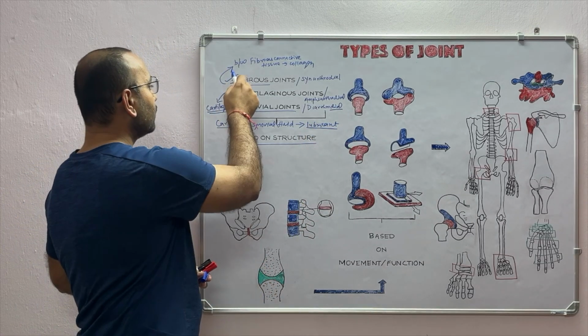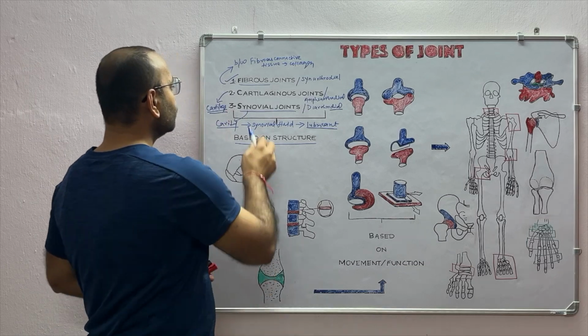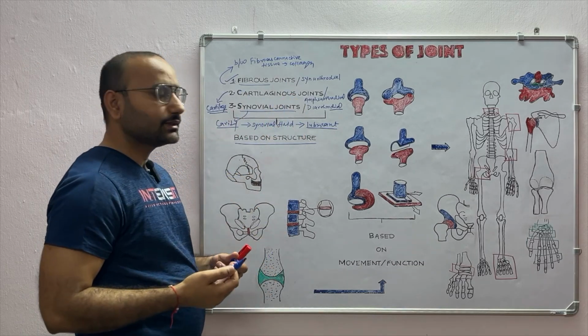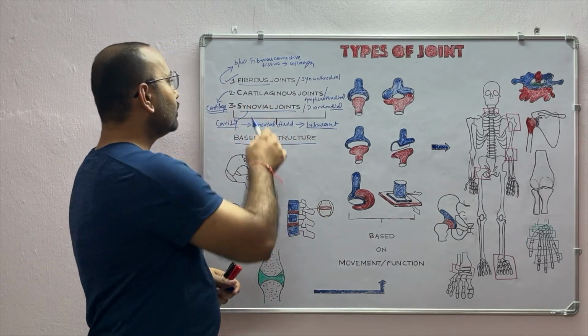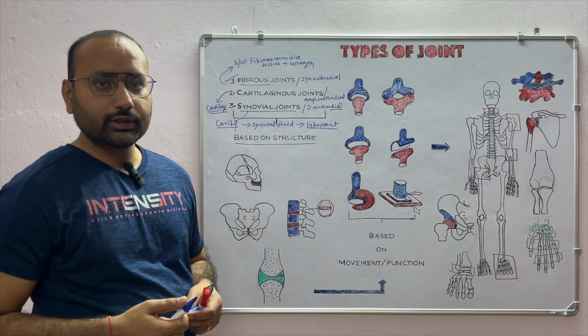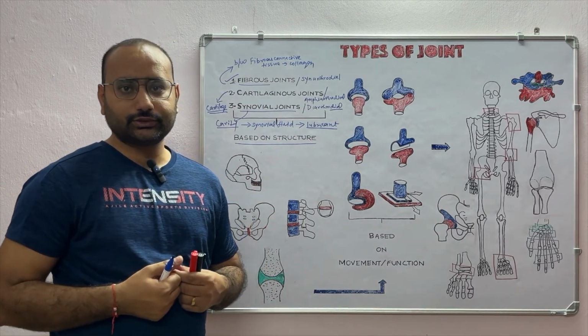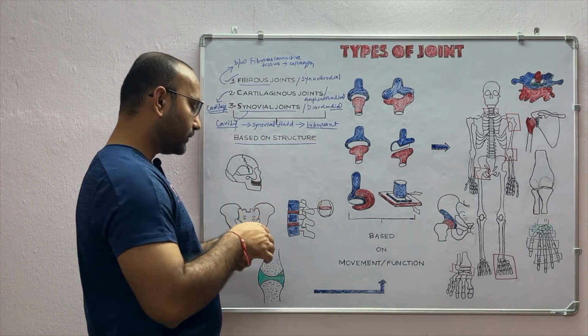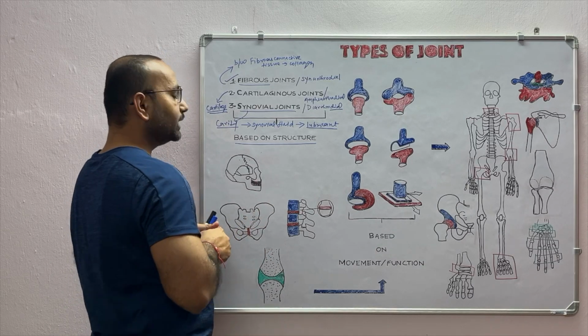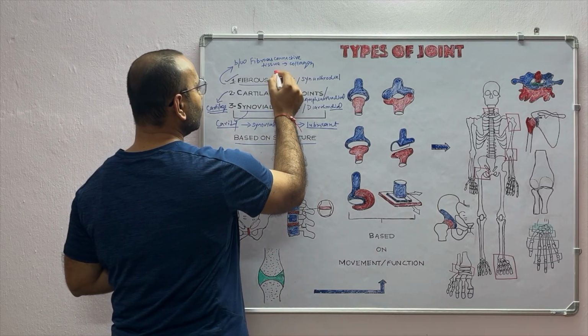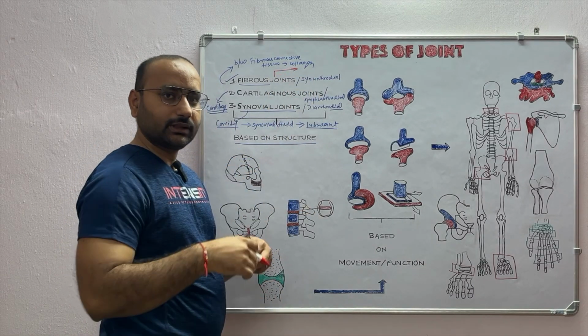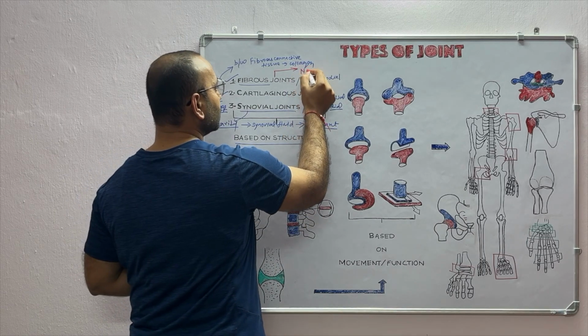So let us again look at these three categories. In the fibrous joint, since between the bones you have collagen, which is a stiffer material, as I told you, there is no movement between the bones, right? So in the fibrous joint there is no movement, just two bones come in contact with each other, but there is no movement.